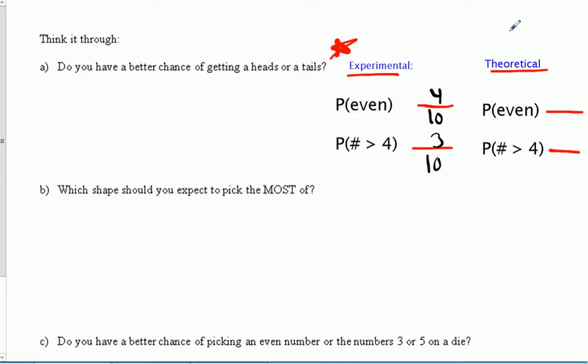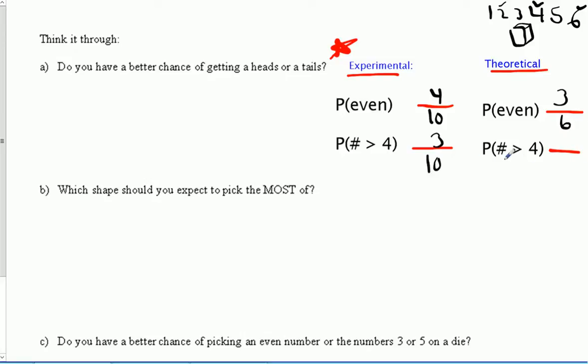All right, so now just based on what you know about a dice. You know a dice is 6-sided. It's got the numbers 1, 2, 3, 4, 5, and 6 on it. How many of those are even? 1, 2, 3. There's 3, but out of, this time, only out of 6, because a dice only has 6 sides.